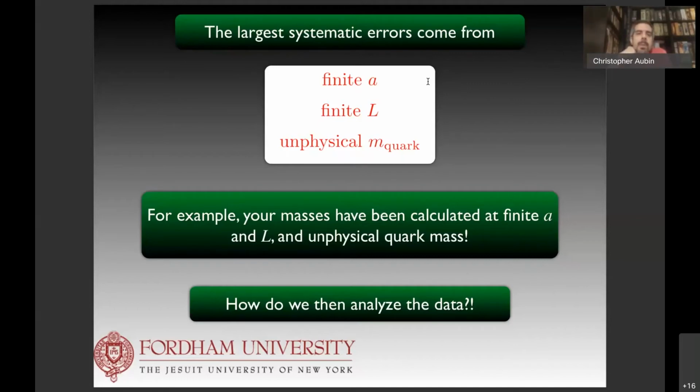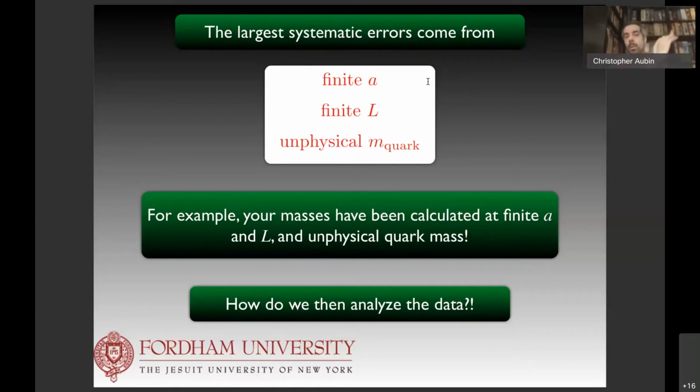So the data that you've just been analyzing was all generated at a finite lattice spacing. If I recall correctly, the lattice spacing was about 0.12 Fermi. Finite volume: I think L for those ensembles, again, it's been about a decade, so I would guess is around 3 Fermi on a side. 3 Fermi is nowhere near infinity, right?